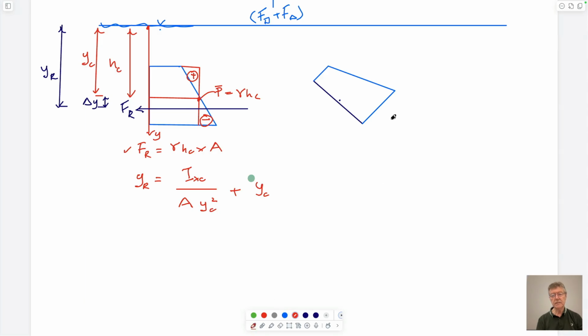If I take this and divide it by subtracting this and adding this, then again you get the fact that the average pressure, which is here, is at the depth of the centroid.